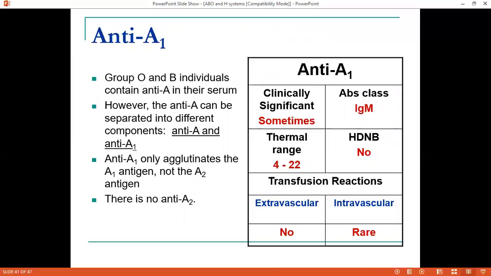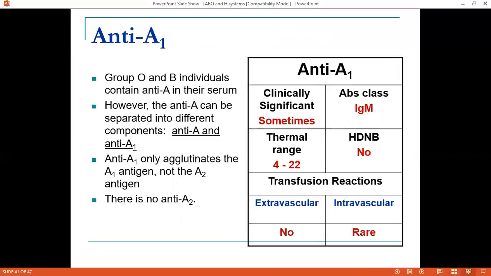So now we're going to take a look at each of the different antibodies. So this first one that we're talking about is the anti-A1 antibody that you would find in a person who was a subgroup of A. So group O and group B individuals contain anti-A in their serum. However, the anti-A can be separated into two different components, anti-A and then the anti-A1.